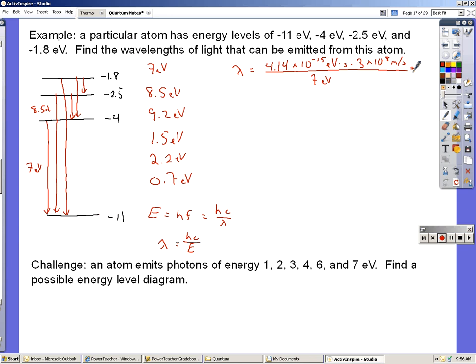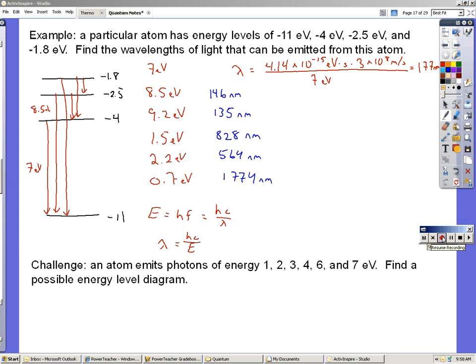a wavelength of 177 nanometers. And if you compute the wavelengths for the other energies, we find other wavelengths of 146, 135, 828, 564, and 1774 nanometers.